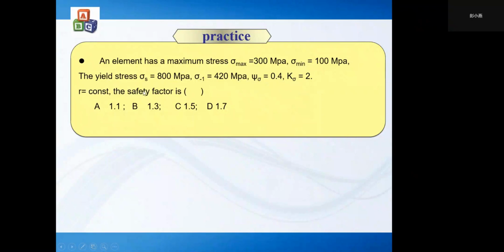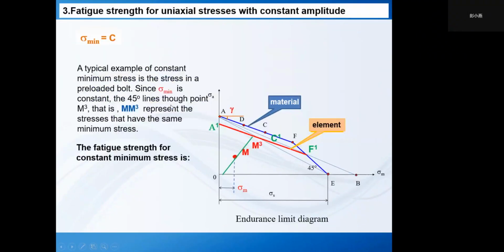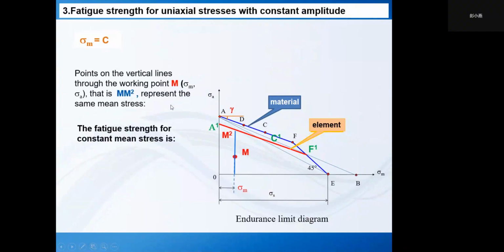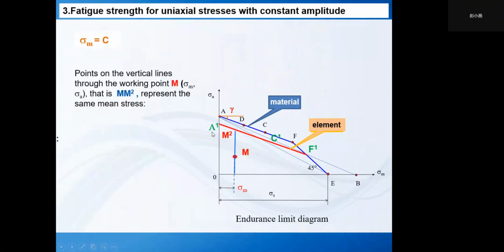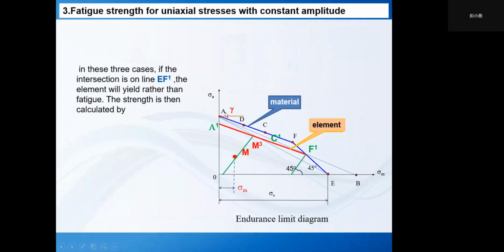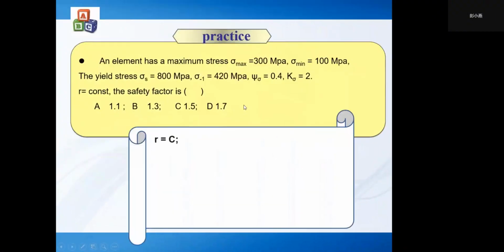So to calculate the safety factor, which formula do we use? When R is constant, we use this to calculate the safety factor. Okay. We have R is constant and the safety factor should satisfy this.